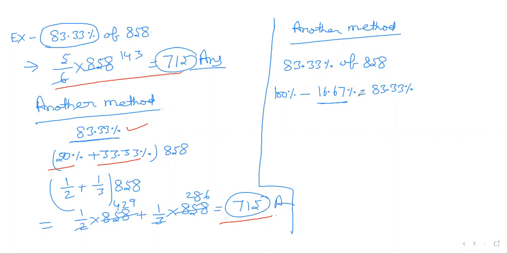Okay, so here 100% means 1 minus 1 by 6 means 5 by 6. Exactly get the fraction into 858, which is 715. Okay.